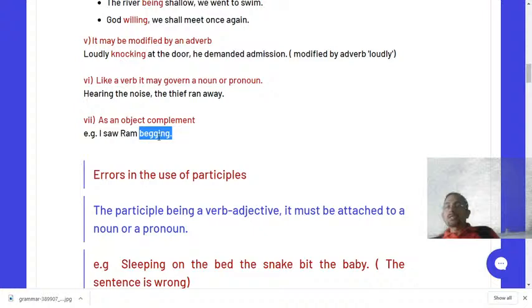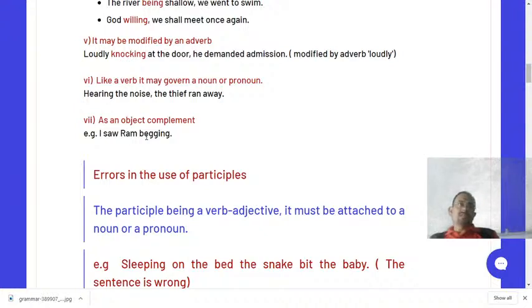Object complement is the word which goes after the object. In this sentence, Ram is the object and begging goes after Ram, therefore it is used as the object complement. Understood? So in the case of an object complement also, the ing word can be a participle.